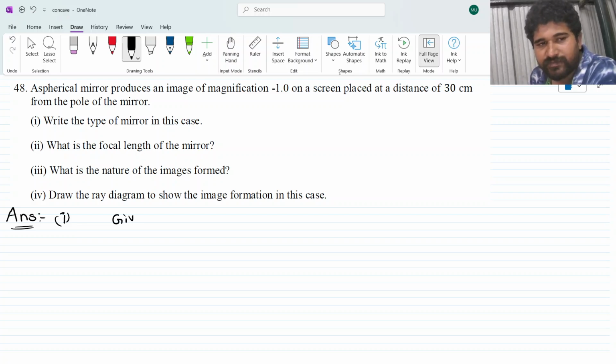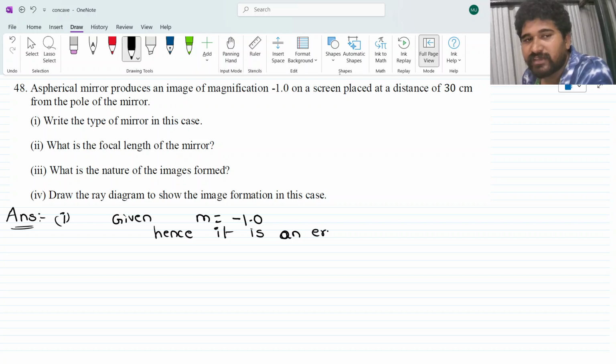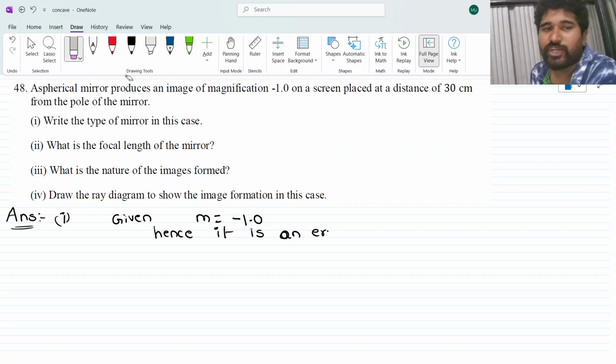Given that m is equal to -1.0, hence it is which type of image? M negative means it is inverted.